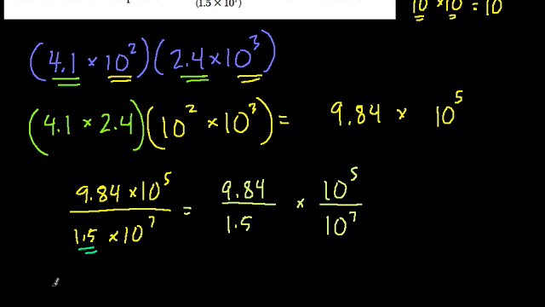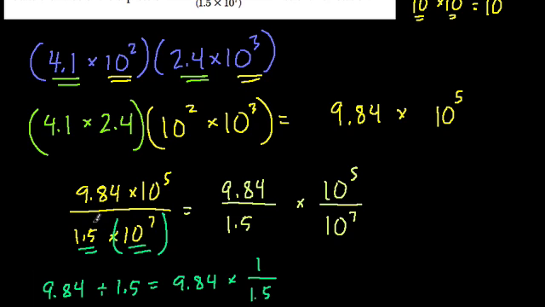And what that means is that 9.84 divided by 1.5, you can think of that as 9.84 times 1 over 1.5. In other words, you can think of division as multiplication by the reciprocal, like flip it over.